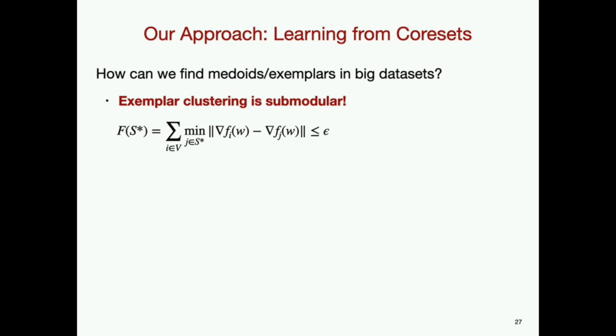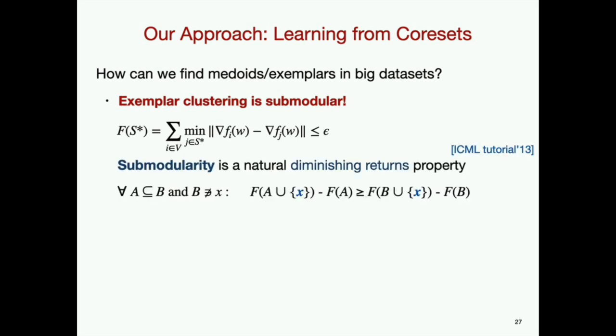Some set functions have this property, which is a diminishing returns property, which means that if we add a new example to a larger subset, the gain is going to be smaller than if we add the same example to a smaller subset. There is a good tutorial on submodularity at ICML 2013, which if you want to know more about submodularity, is a great tutorial.